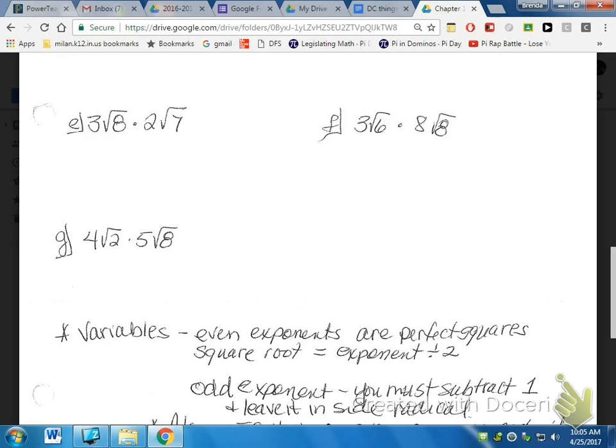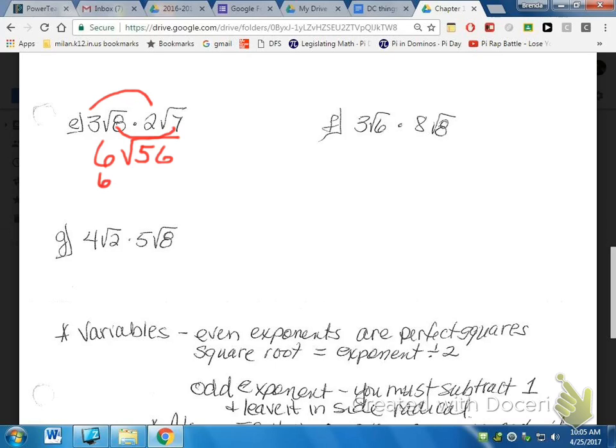You would take the numbers outside, the 3 and the 2, and multiply those, so 6. And then the numbers inside, the 8 and the 7, and multiply those, but they have to remain inside, so 56. Okay, 56 is not done because it has a factor of 4.